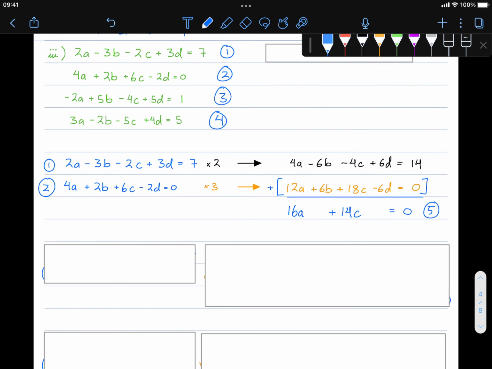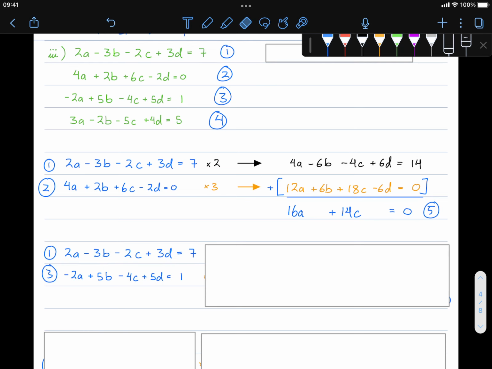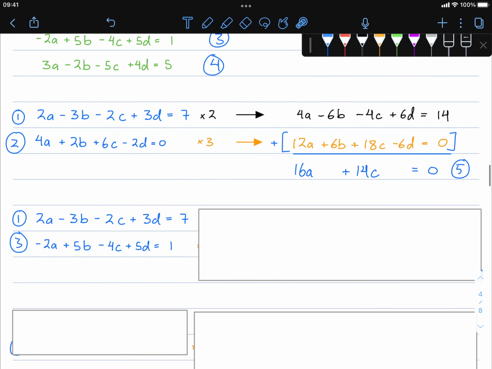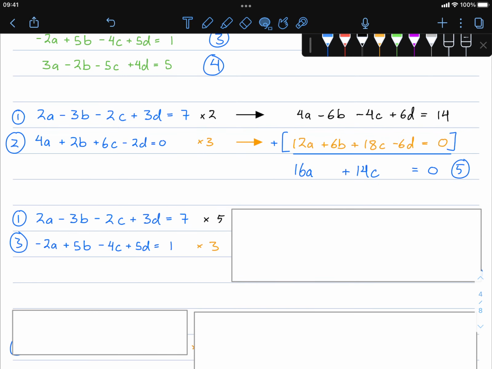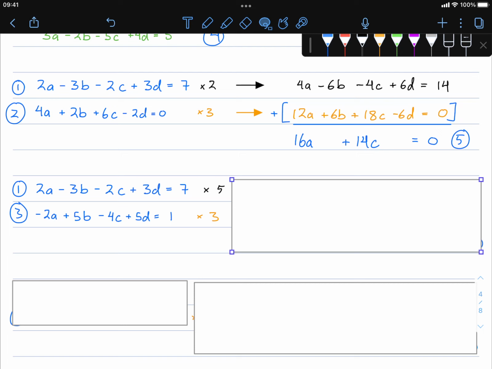So we've done this for the pair 1 and 2. I'm just going to take the next pair, 1 and 3. I've actually already done it here, so you should get those as a pair. And likewise, we want to multiply it so that these variables have the same coefficient and we eliminate it. If you did that, you multiply by 5 and by 3.